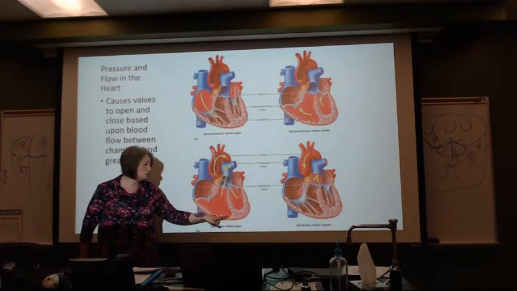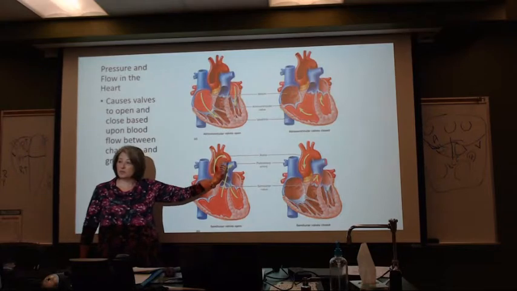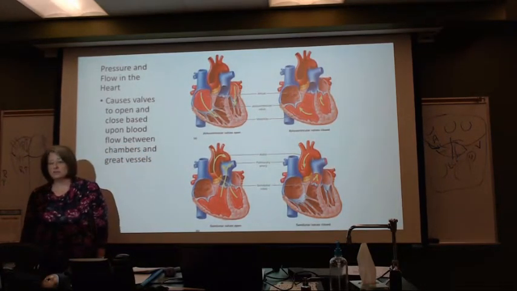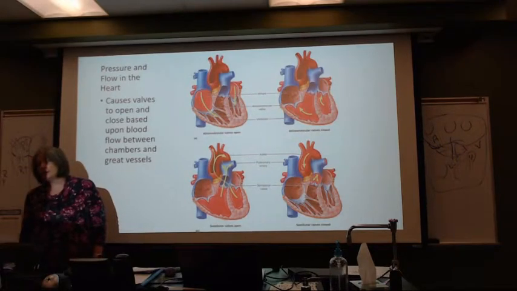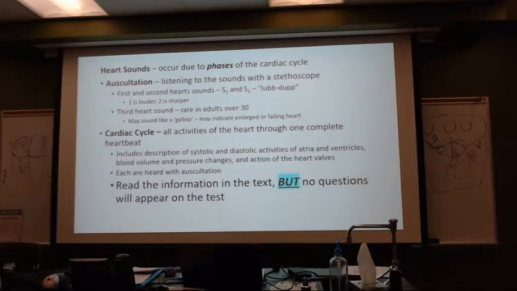From my ventricles, when the contraction occurs, blood moves into the great vessels, and we start the process all over again. Now, granted, it is a tad bit more difficult than that, okay? But for our purposes, that's what's happening.